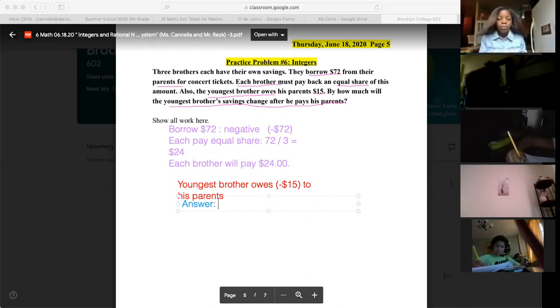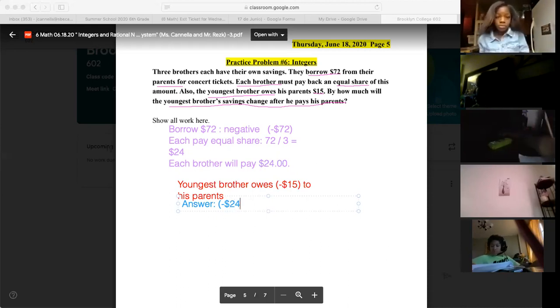The 24 is the money he's going to pay that he already owes his parents from the concert tickets. Okay, but it's asking how much the youngest brother's savings will change. I got you. So negative $24 plus negative 15 is how much money? It's negative 39.